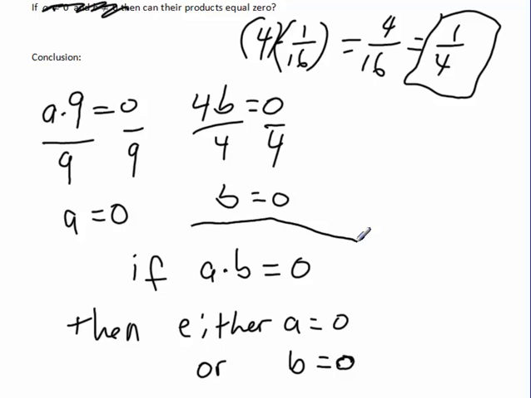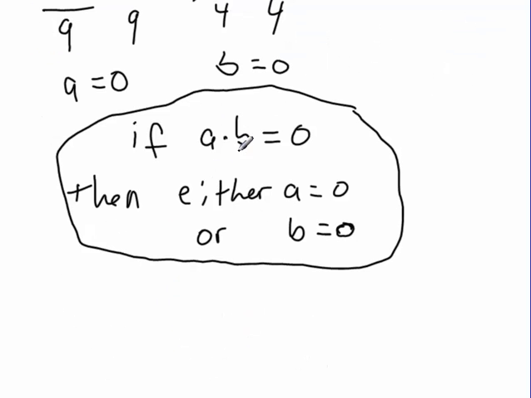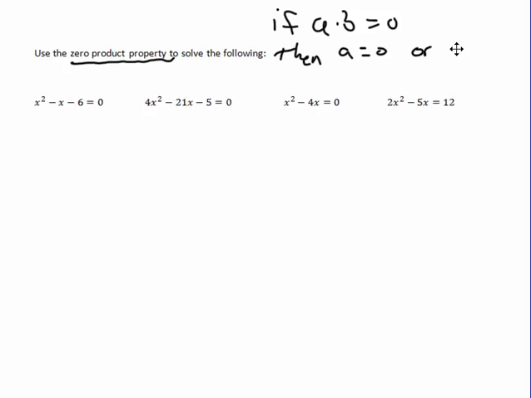So this is the big conclusion that I want to draw here. If I have something times something equals 0, then either A equals 0 or B equals 0. And that's the zero product property. It states if A times B equals 0, then A equals 0 or B equals 0.